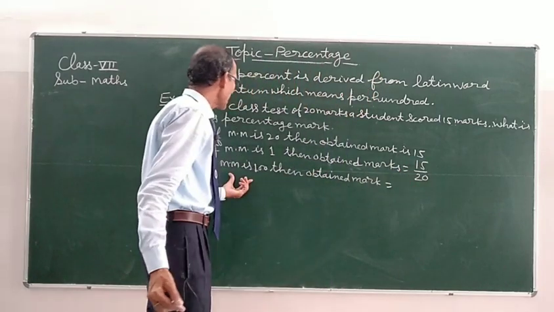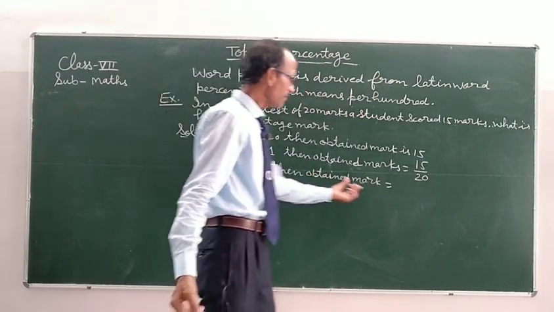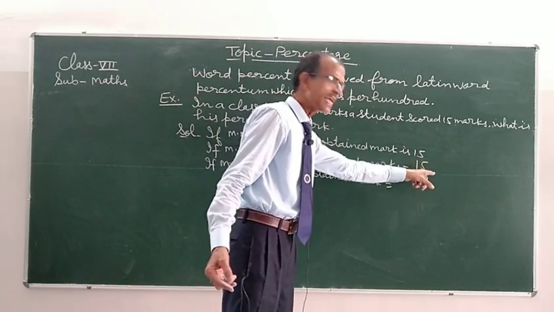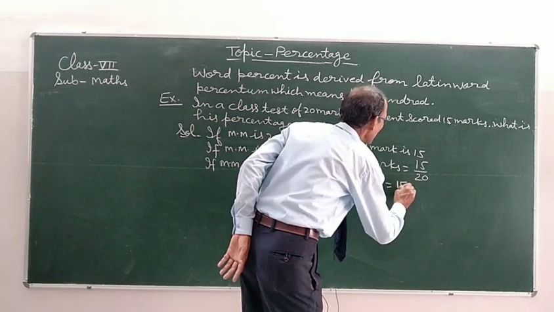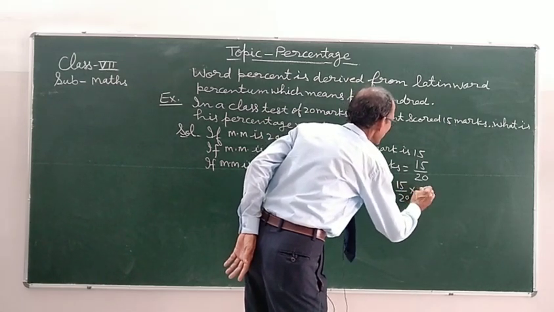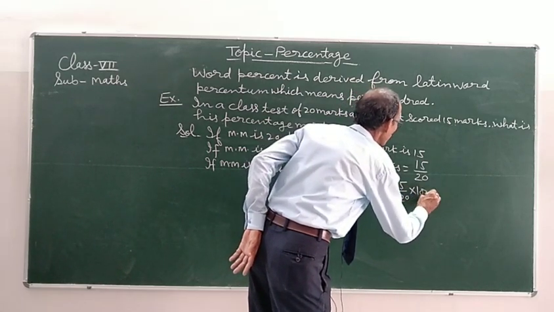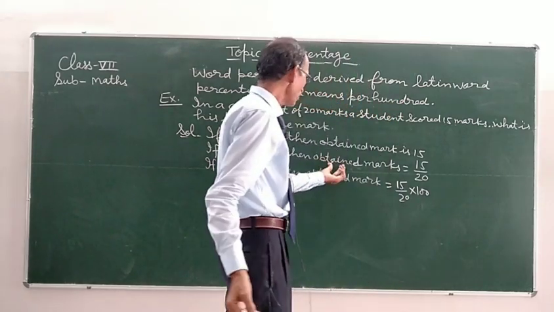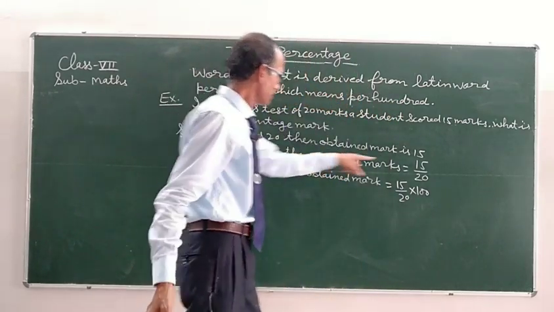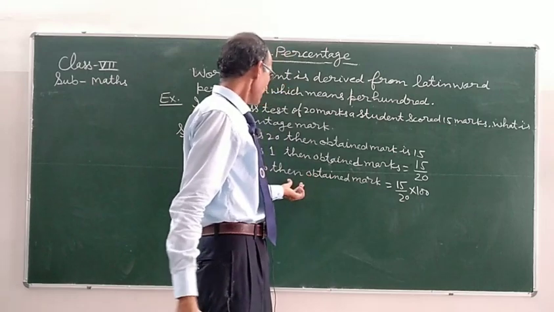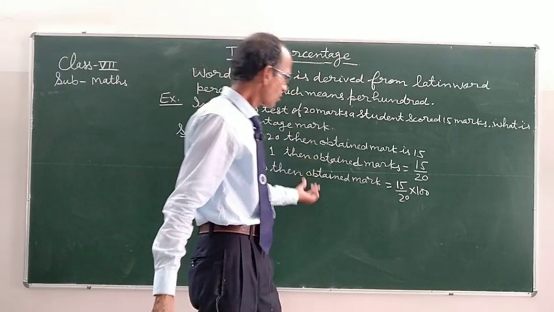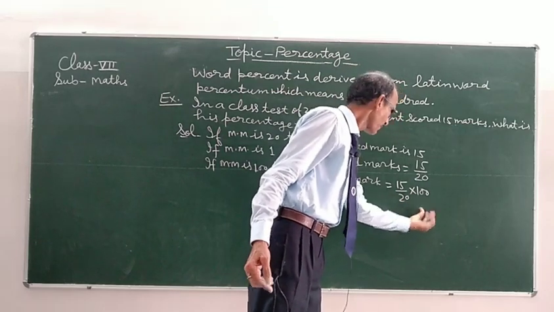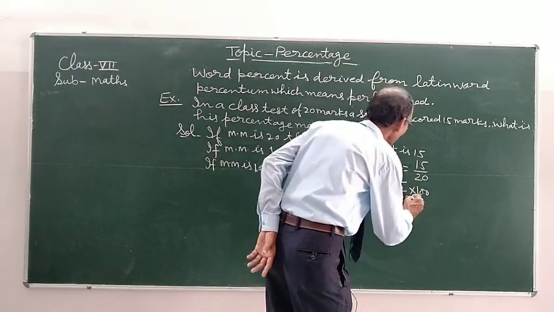When maximum mark is 100, then obtained mark will be, we multiply this by 100. Okay, 15 upon 20 into 100. To calculate the value of unit quantity is 15 upon 20. Then to calculate the value of more quantity we multiply. Okay, now we simplify this.